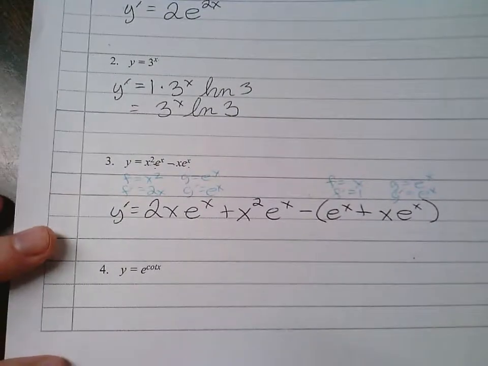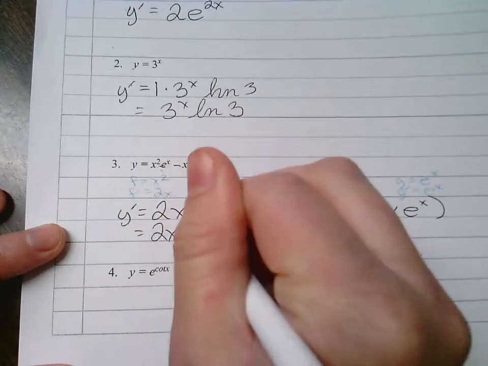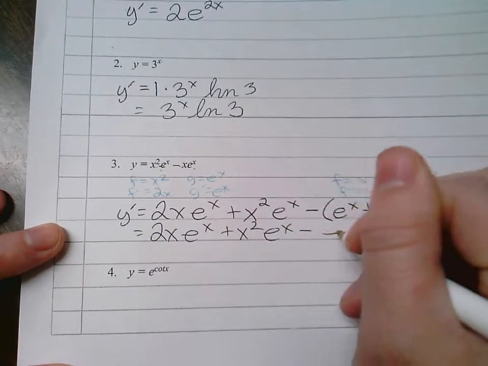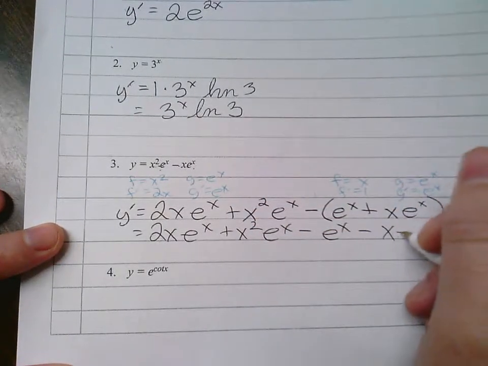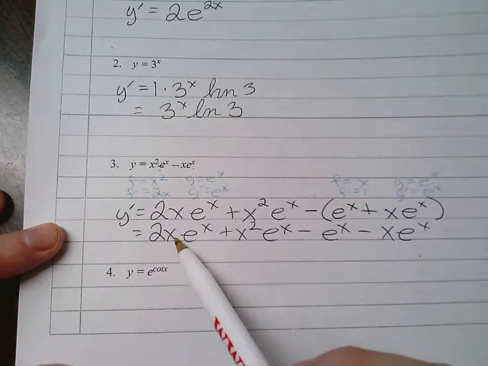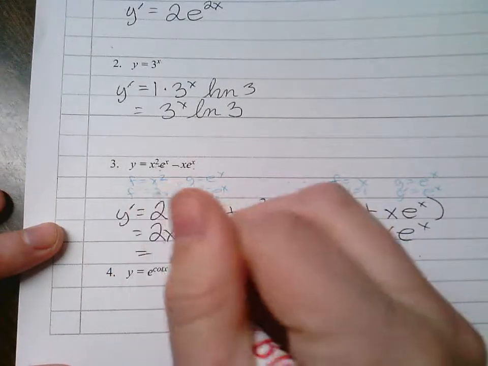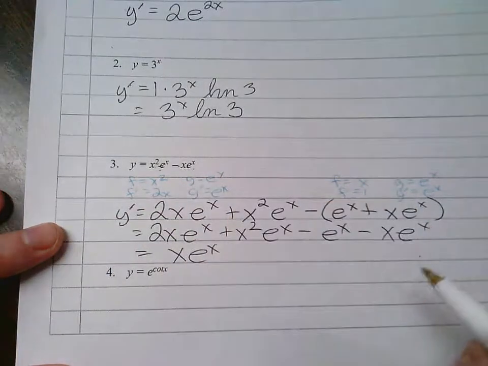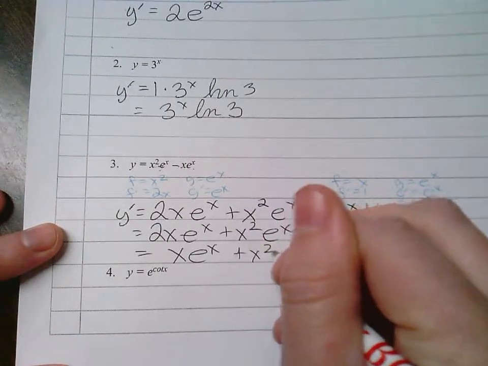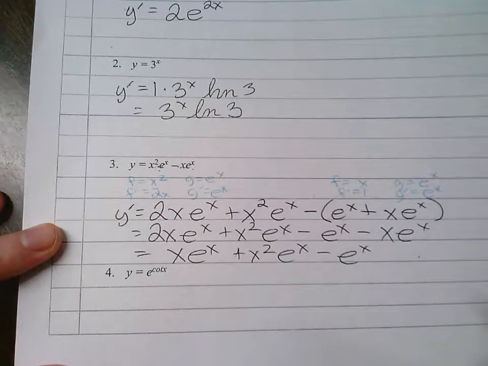Okay, let's simplify this a little bit more. 2x e to the x plus x squared e to the x minus e to the x minus x e to the x. Okay, I see a like term here, so 2x e to the x minus x e to the x is x e to the x, plus x squared e to the x, minus e to the x. And there you go.